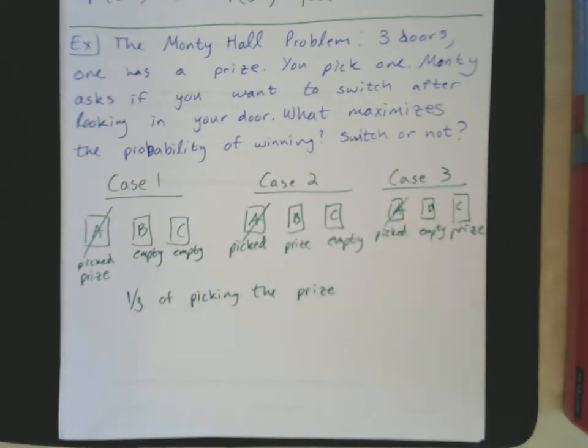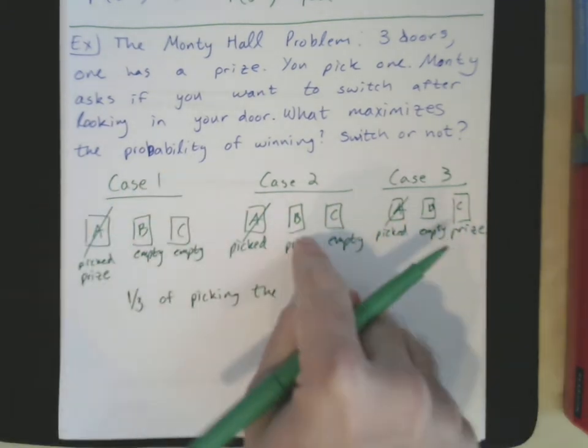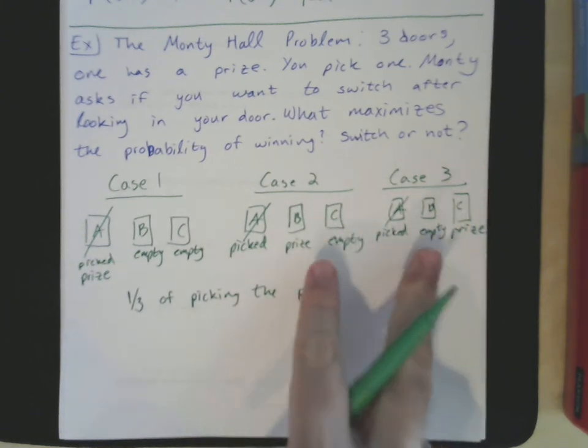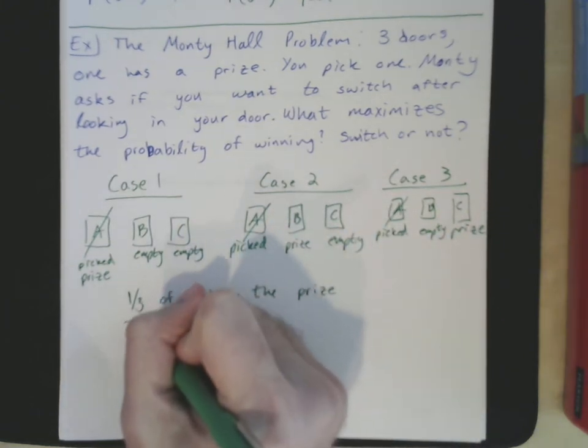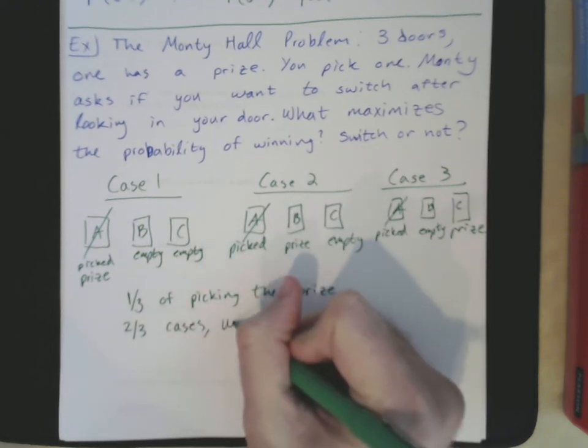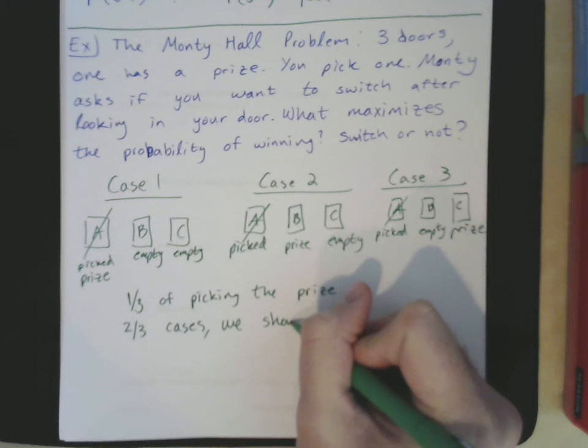So now we don't know which case we're in. How many of these cases have we not picked the prize, though? That would be 2. So in 2 out of 3 cases, we should switch.